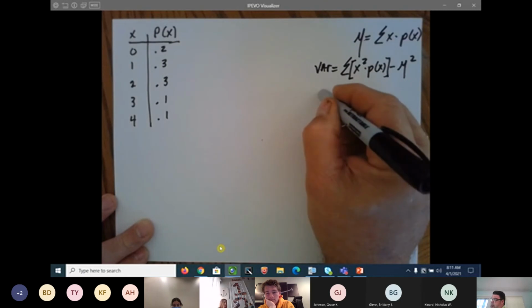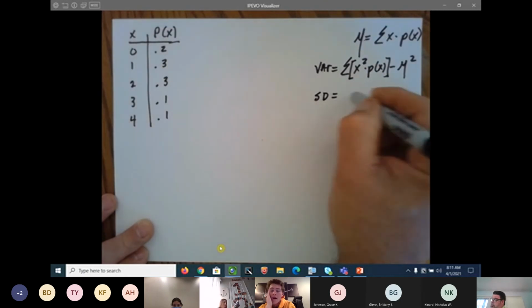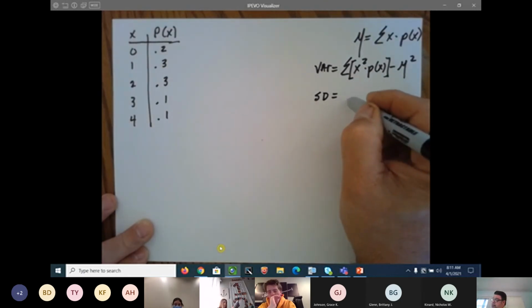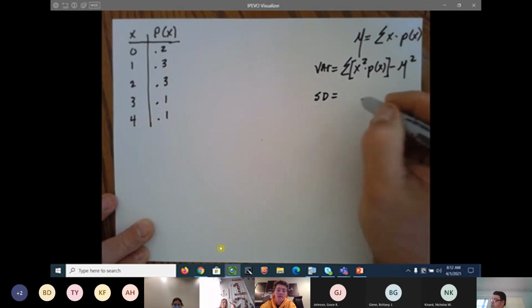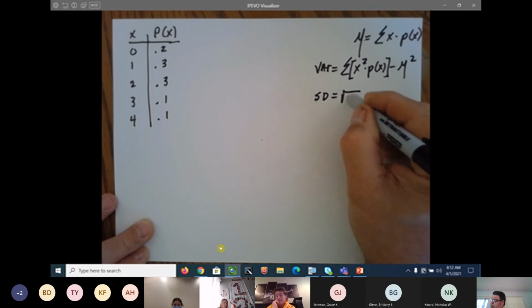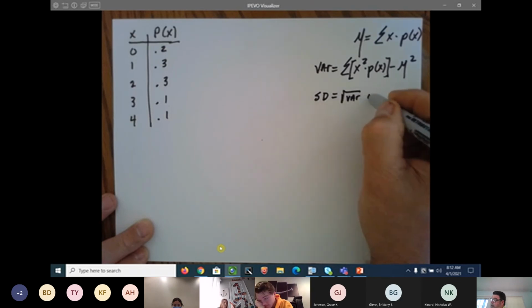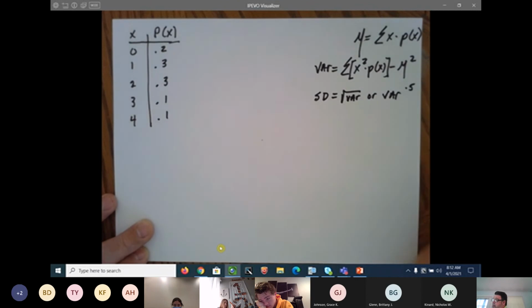And the standard deviation is equal to the what? How do we always get the standard deviation? Square root of the variance. Thank you. Square root of the variance, or the variance raised to the what? 0.5 power.